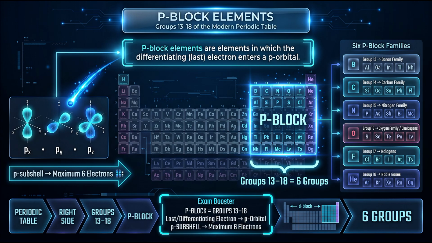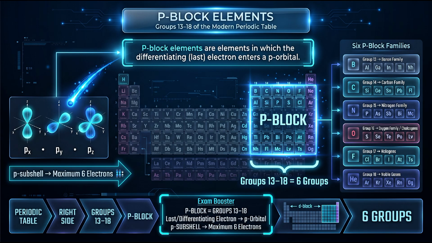Group 13 has np1, Group 14 has np2, Group 15 has np3, Group 16 has np4, Group 17 has np5, and Group 18 has np6. Therefore, as we move from Group 13 to Group 18, the number of p electrons increases one by one until the p-subshell becomes completely filled. This is the fundamental reason why the p-block consists of 6 groups.